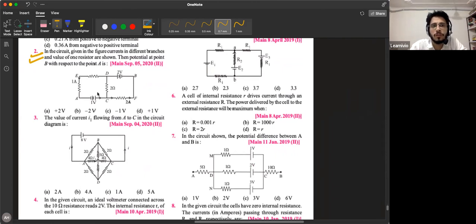You have two cells, current is given, you just need the potential between B and A. Just open your notes, go to the topic where I started Kirchhoff's law, go to the first numerical of Kirchhoff's law, and you will be able to solve this question. It's 9:57, I will wait for 3 minutes and after 3 minutes I'll start the calculations.